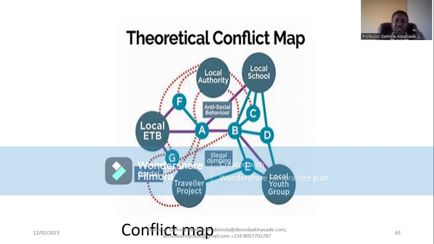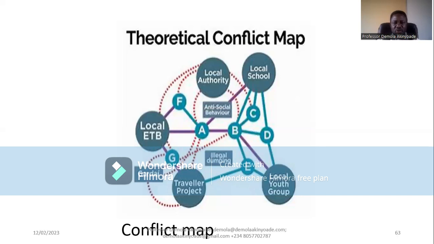The sizes of the circle you are seeing show the relative power or influence those actors have. Like the local school and local authority, local youth club, traveler project, and local ETB. All of them have relatively the same level of influence in this conflict situation. Other actors like A, B, C, D, E, F, G, they have smaller power.